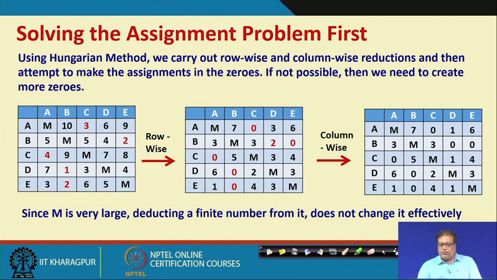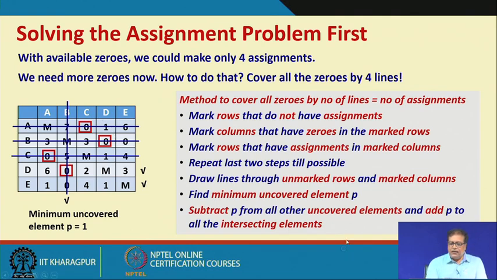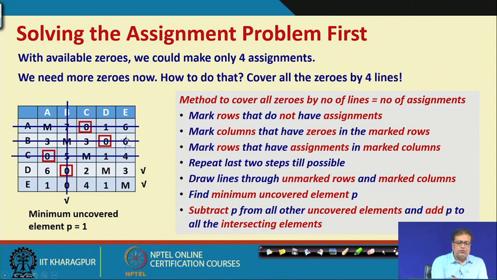So, this method will be like this. So, you see we could make only these 4 assignments as I have shown you earlier, and these 2 zeros are not possible, because we have some other 0 where we have made assignments.